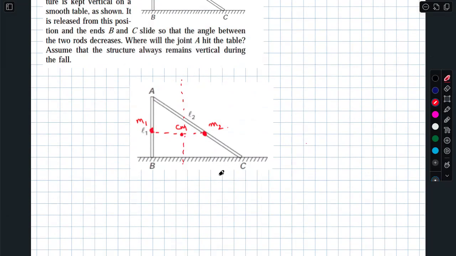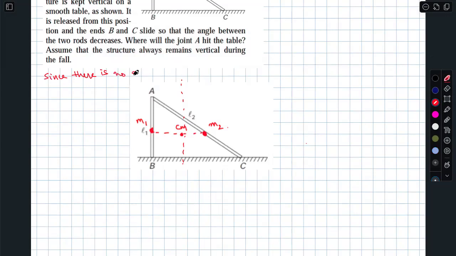I am repeating again: don't say the left rod is pushing the right rod rightwards, or the right rod is pushing the left rod leftwards. Those are internal forces. Externally, do you see any force acting on this system?